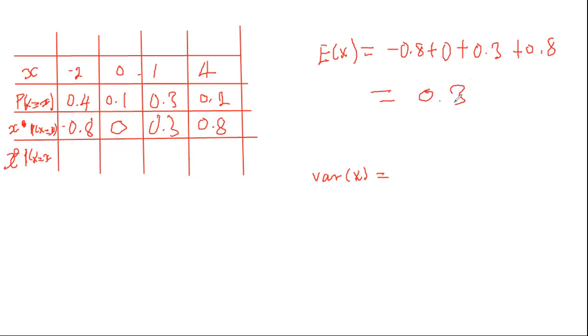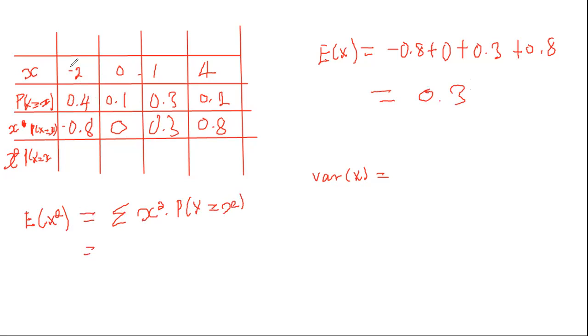Then for our variance, we would need to first have the expectation of x squared. So this would be the summation of x squared times the probability of x.